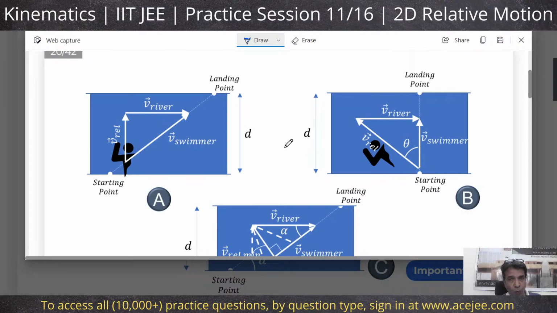Well, the relative velocity should be pointed straight to the shore, perpendicular to the shore, as shown here.